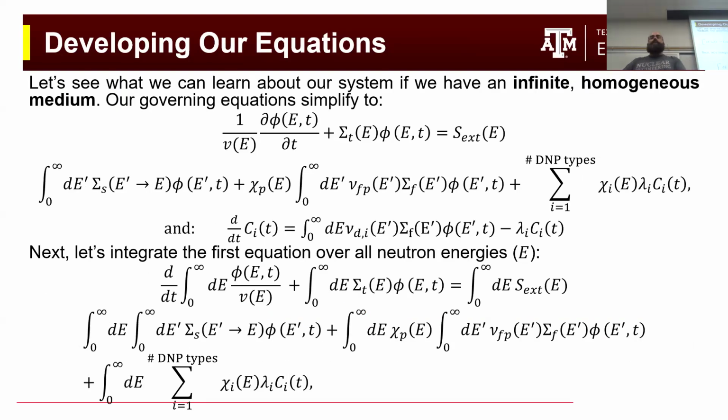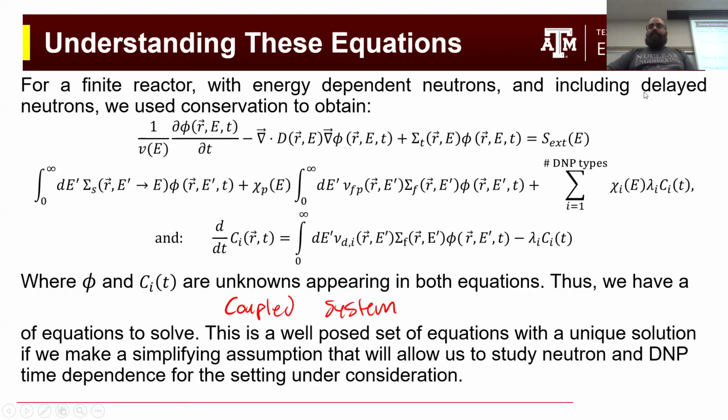So to simplify the problem, we're going to assume that we have an infinite and homogeneous medium. So if I go back to these equations, if it becomes an infinite medium problem, what term in my diffusion equation goes away if we end up with an infinite medium? Right, there's no leakage from an infinite medium.